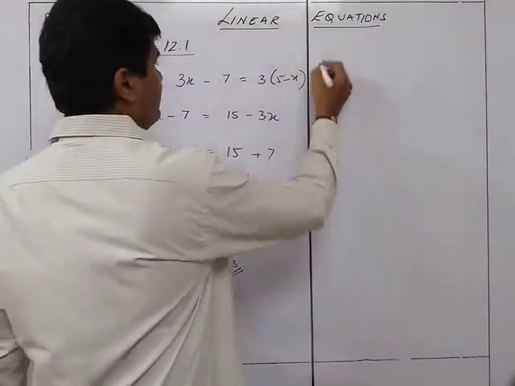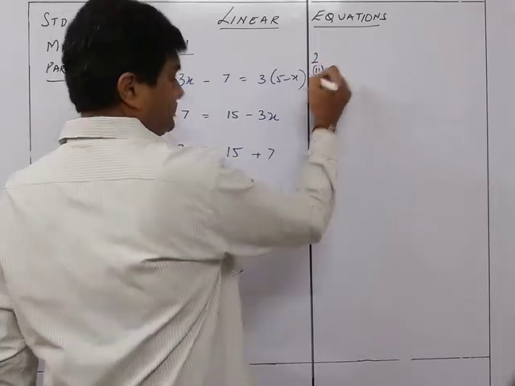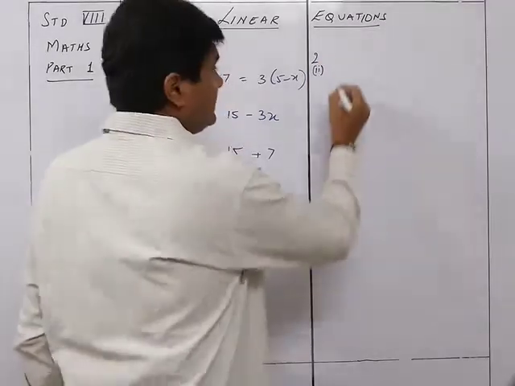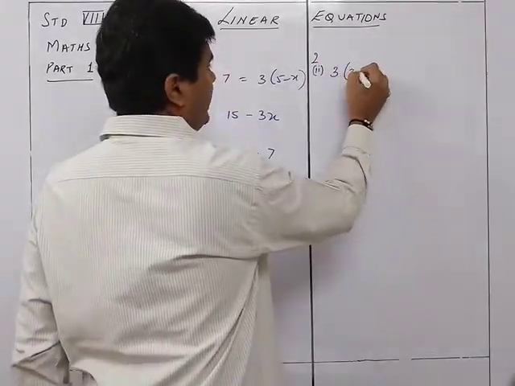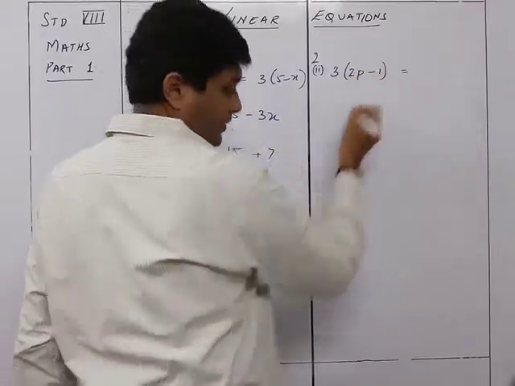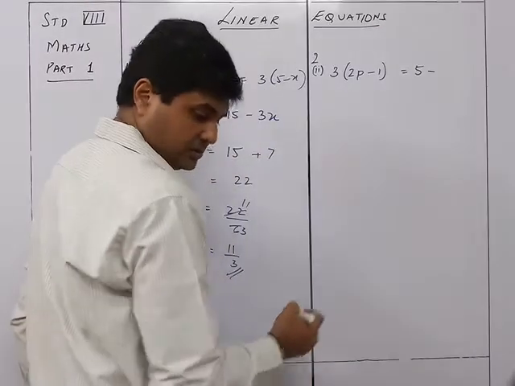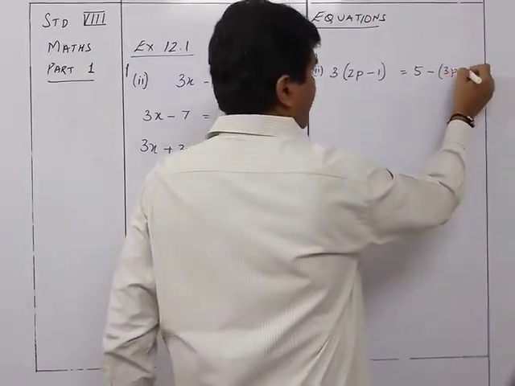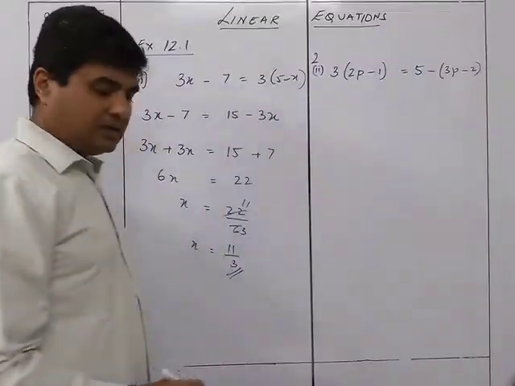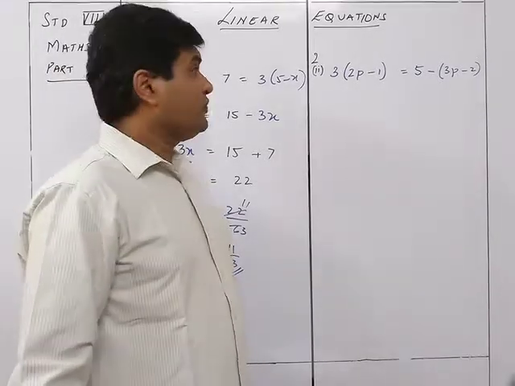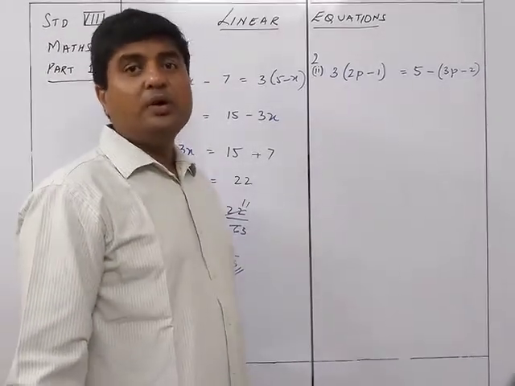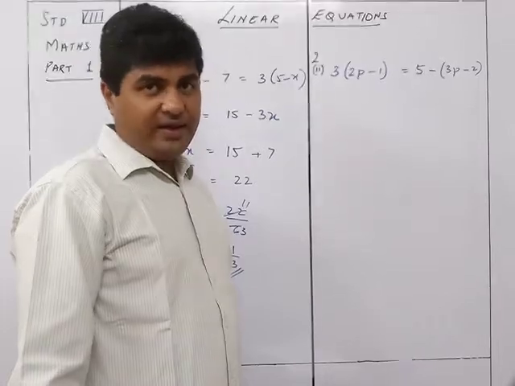So that is sum number 2, second. It's given as 3 times (2p minus 1) is equals to 5 minus (3p minus 2). So this is the equation given to you. So first of all, as we know that we are going to simplify both the sides.